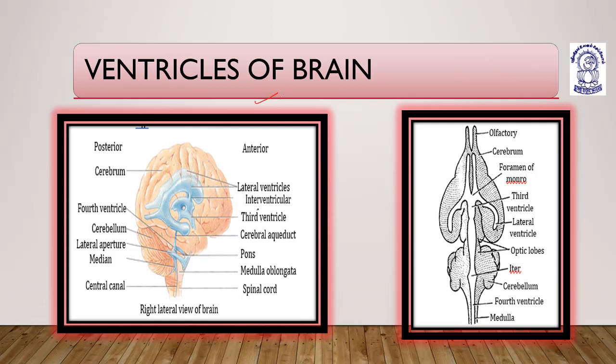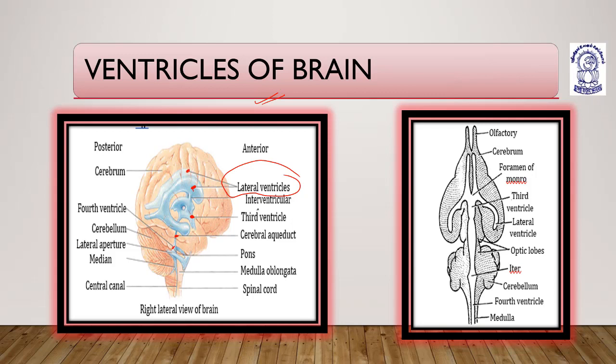These are the ventricles of brain. These are the lateral ventricles. Third ventricle, cerebral aqueduct, pons, medulla oblongata, spinal cord, central canal, median fissure, lateral aperture, cerebellum, fourth ventricle.